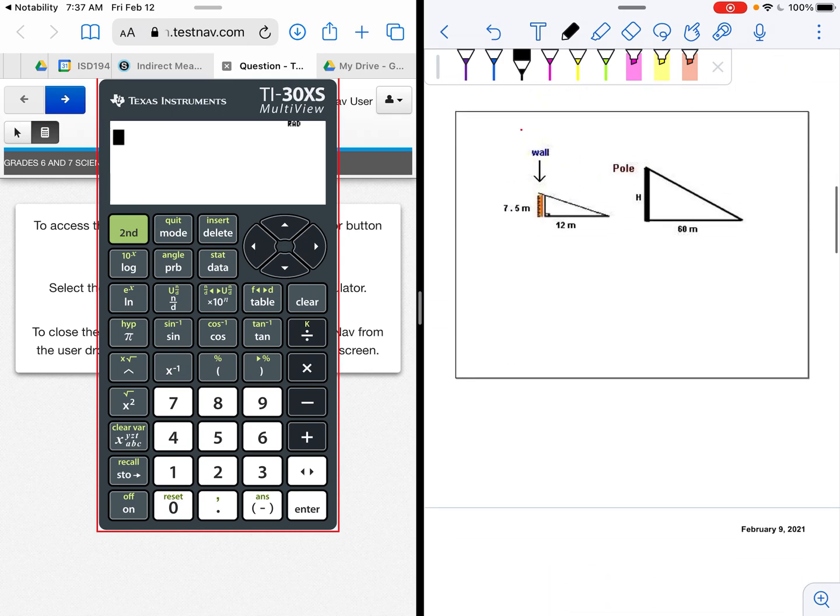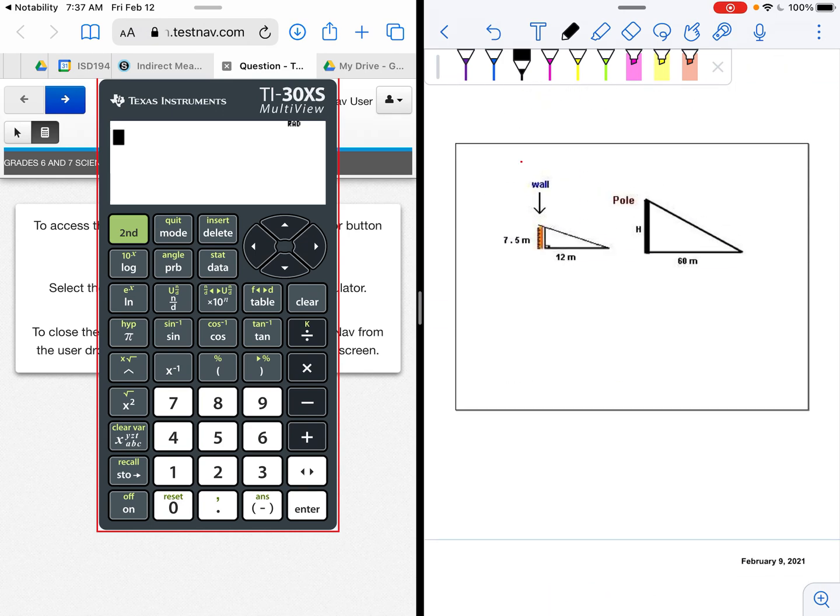Here we go. Here I have a wall, and I know the wall is 7.5 meters tall. I don't know the height of my pole, but I need to find that out. Because they are sitting at 90 degrees to the ground, and I can pace off 12 meters here and 60 meters here, I know they form similar triangles. My scale is going to be the 12 and the 60.